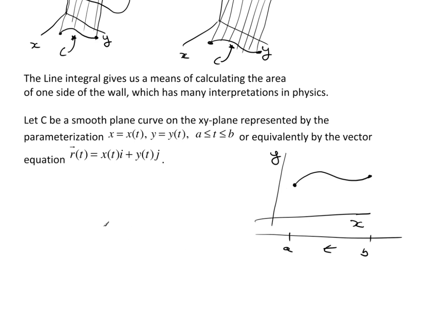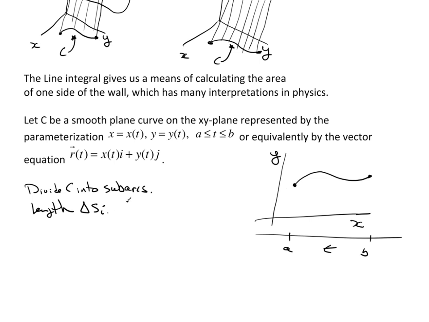Now if I divide C into subarcs, each subarc is going to have a length. Let's call it delta s i.